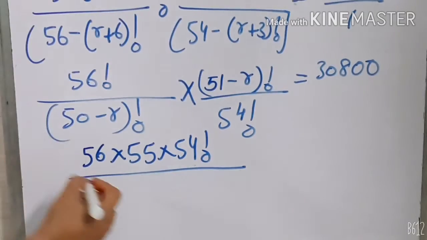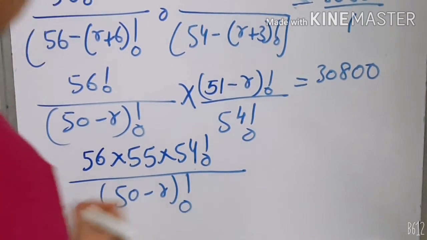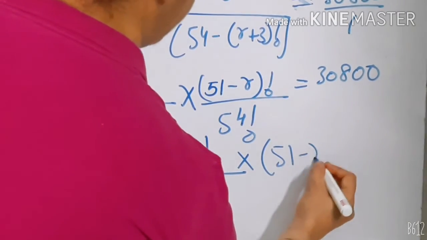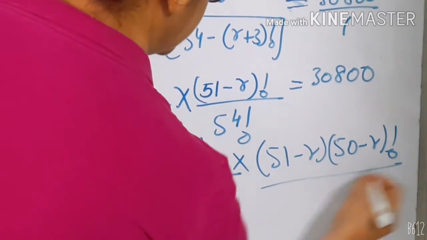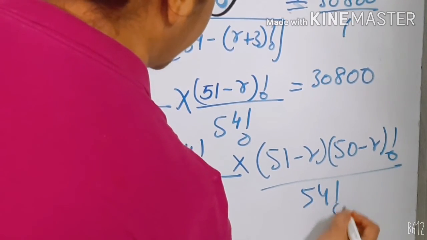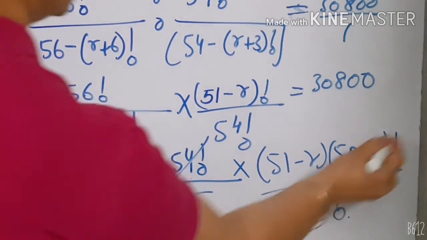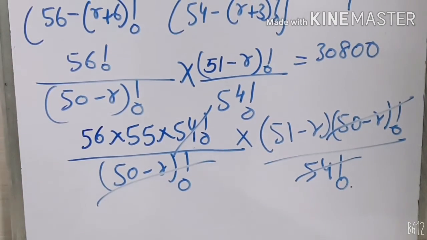Similarly, (50 minus r) factorial I will keep as it is, into 51 minus r; if I open it, it becomes like this, decreasing one, 54 factorial. Now this and this got cancelled. This and this got cancelled. I am remaining with these parts.